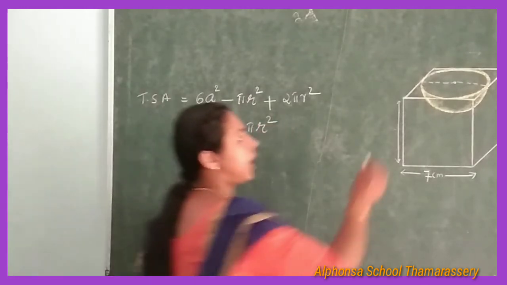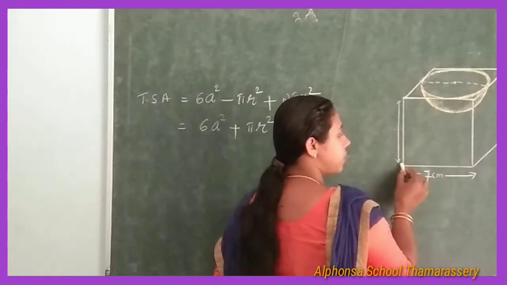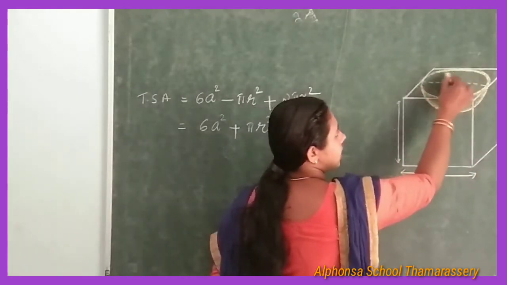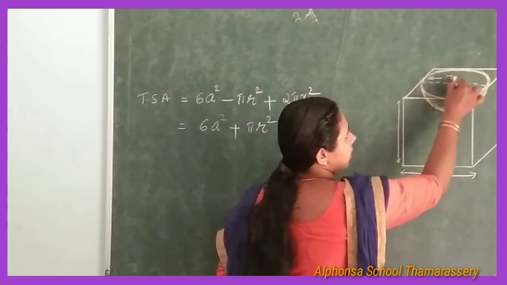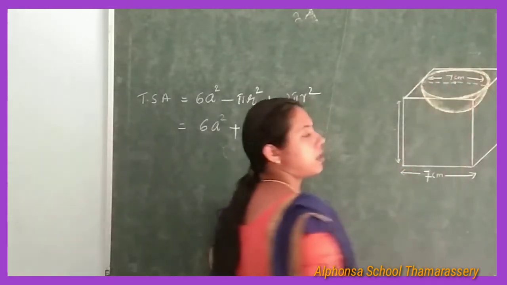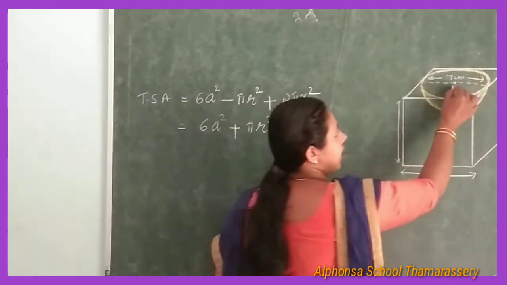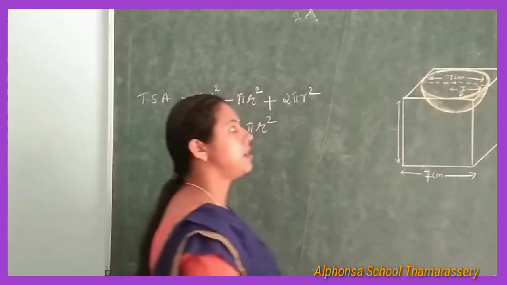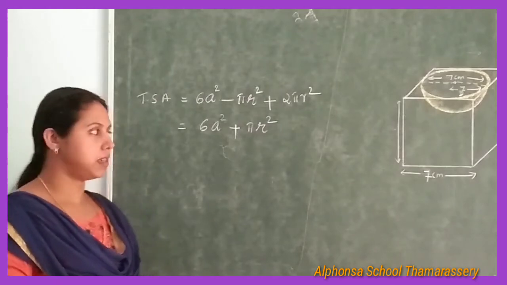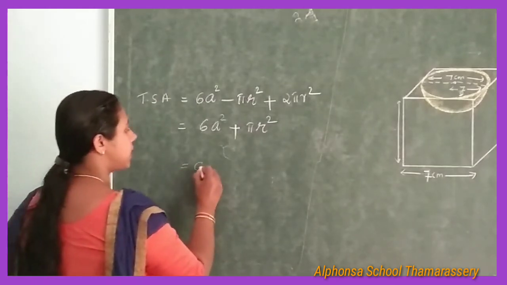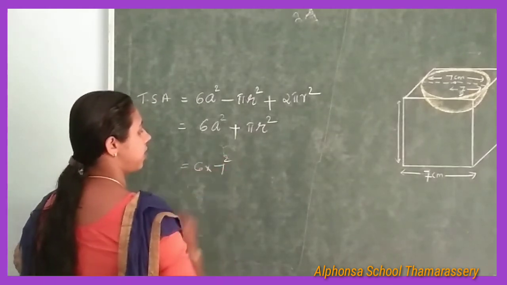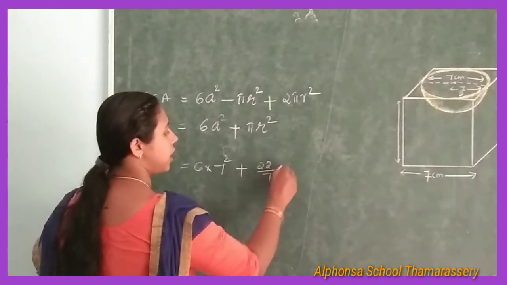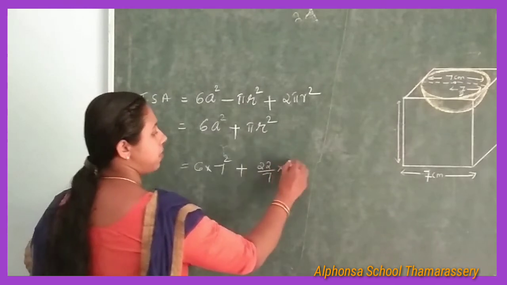We know that the diameter of the hemisphere is equal to the edge of the cube. So this is also equal to 7 centimeter. Diameter of hemisphere is equal to 7 centimeter. Therefore the radius will be equal to half of that. That is 7/2 centimeter is the radius of the hemisphere. So 6a square, 6 into a square, that is 7 square plus pi, that is 22/7 into radius 7/2 whole square.